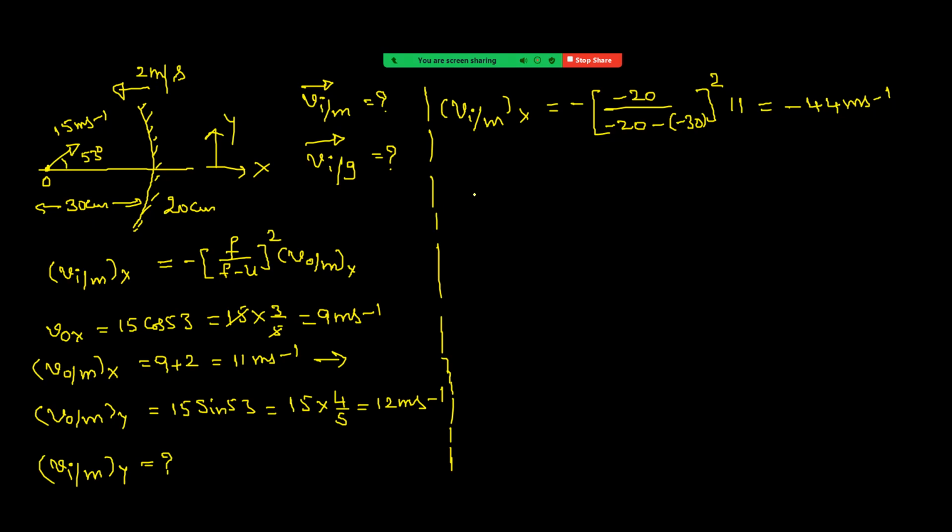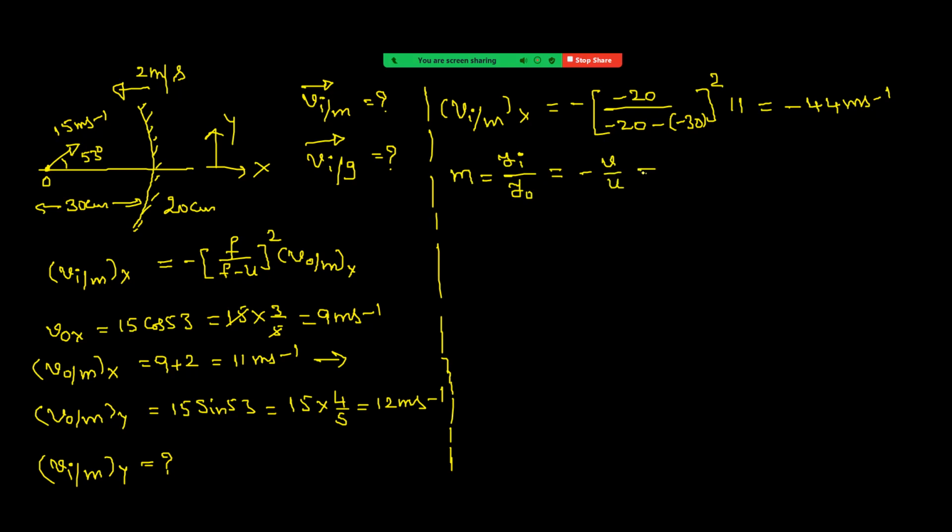So I am writing here magnification equal to y coordinate, instead of height, because it is a point object. That's why instead of height of image by height of object, I am taking y coordinate of image by that of object, which is equal to minus v by u, right?